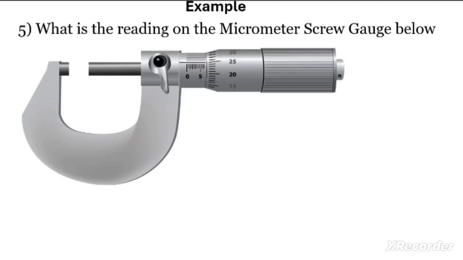What is the reading on the micrometer screw gauge below? Okay, so as usual, the first thing that we are going to do is to identify a mark on the main scale. Then from there, we are also going to identify the mark on the sleeve scale.